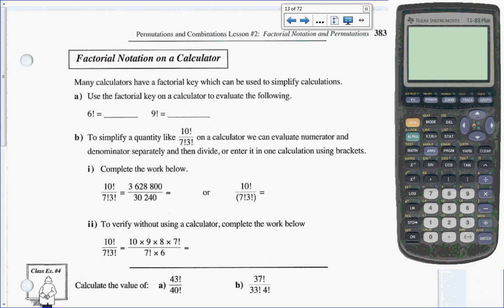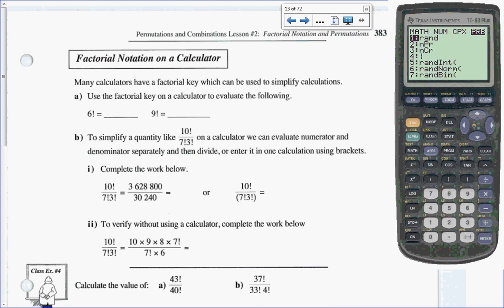Instead of having to figure out 6 times 5 times 4 times 3 times 2 times 1, or plug all that into your calculator, you can go into your math button, go across the top to probability.